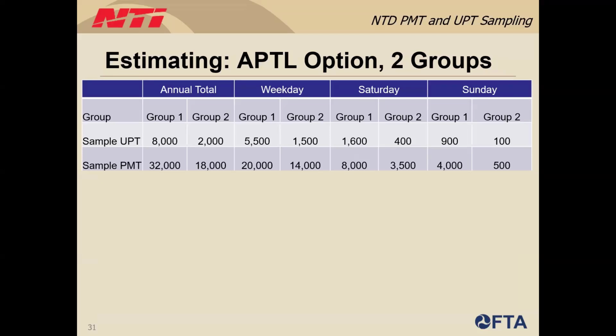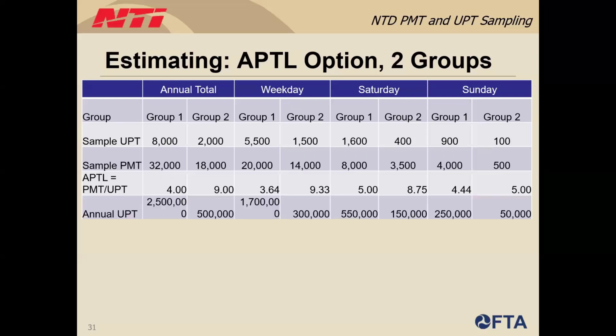And this example is the most complex because now we're using route grouping. We have group 1 and group 2. The data from the sample are broken out both by day type and by group. APTL is calculated the same way as before, as PMT divided by UPT. From your records, fill in the annual UPT.